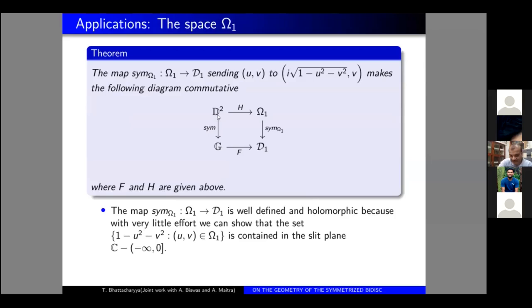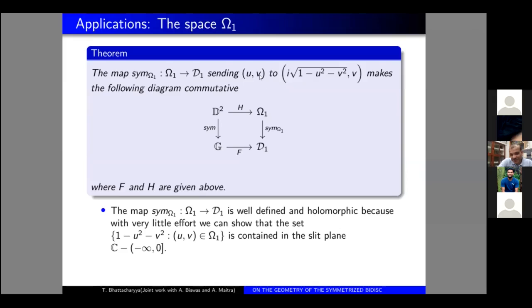So we have written down the biholomorphism between D2 and omega 1. We have written down the biholomorphism between G and D1. We know the symmetrization map from D2 to G. So it was a question of chasing the diagram, that is, go back from D1 to G and then go to the two-fold cover D2 and then apply H. And doing all this, you can find a map here, which is this.